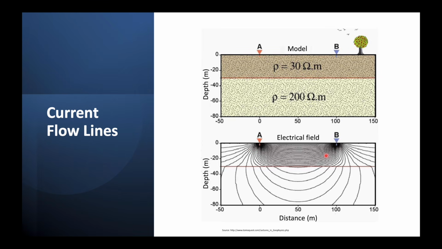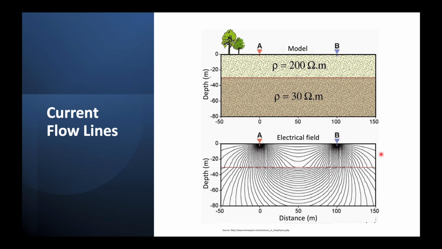Because if you remember Ohm's law, if the resistance goes down, the currents go up. So in this case, the effective depth will be much reduced because the currents will hang around more in this upper layer.